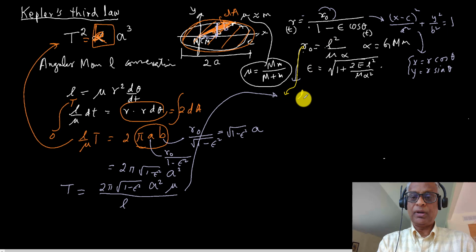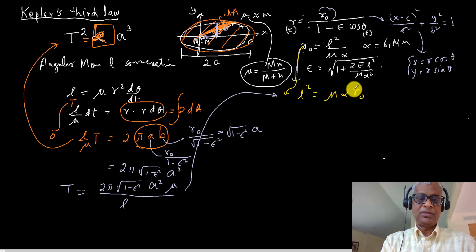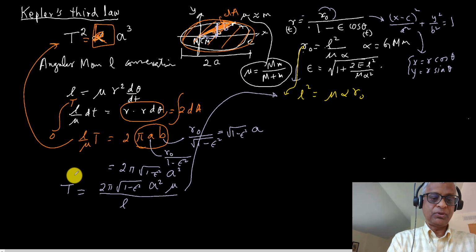I have L square is equal to mu alpha r0, and let's square this thing.